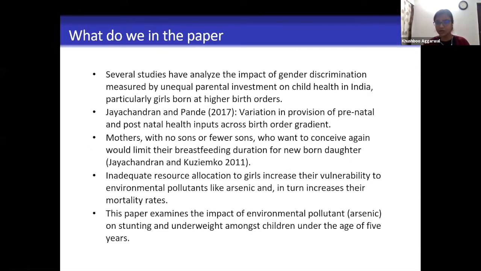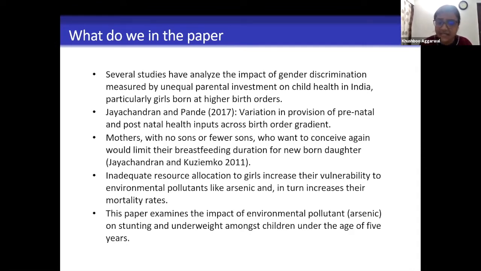Basically, what we try to do in this study is examine the impact of an environmental pollutant, say arsenic, on stunting and underweight amongst children in the age group of 0 to 5 years. Although there have been several studies which analyze the impact of gender discrimination, mainly measured by unequal parental investment on child health in India, particularly for girls born at higher birth orders.